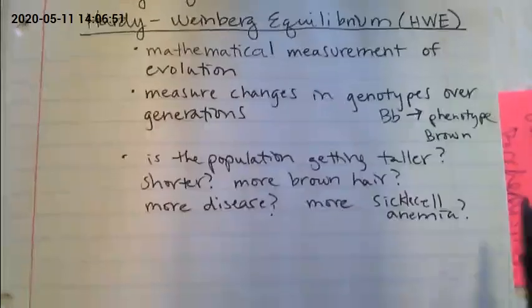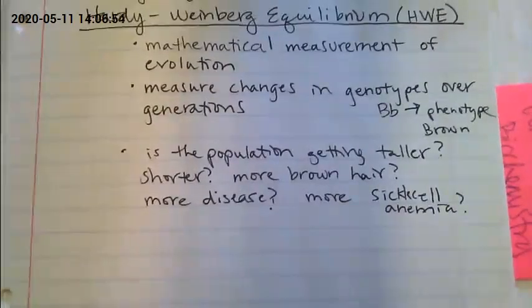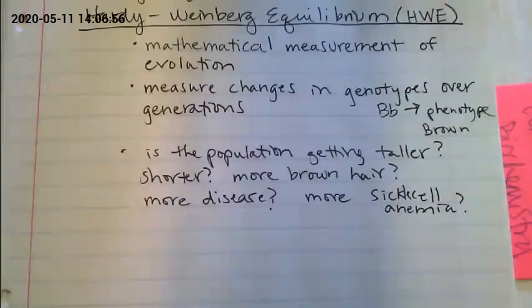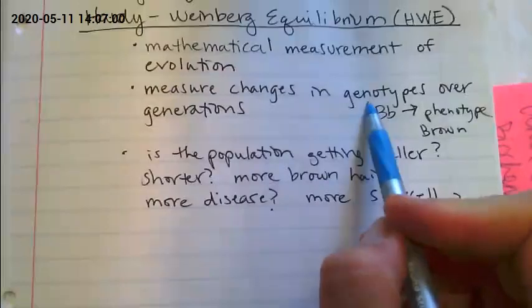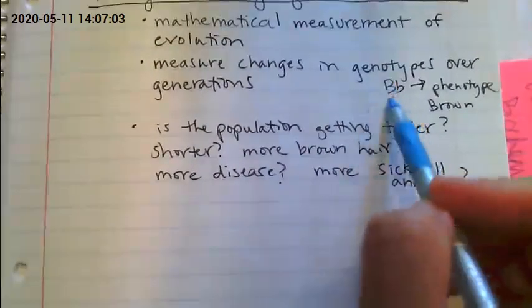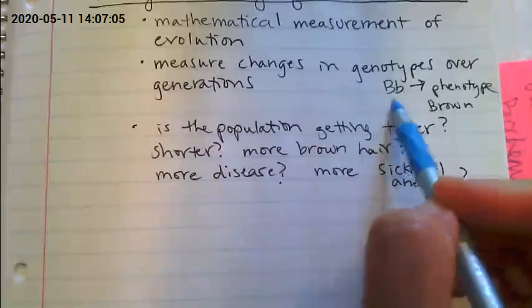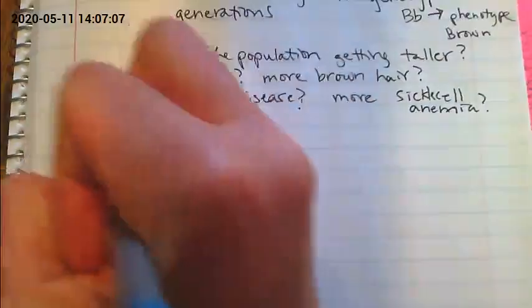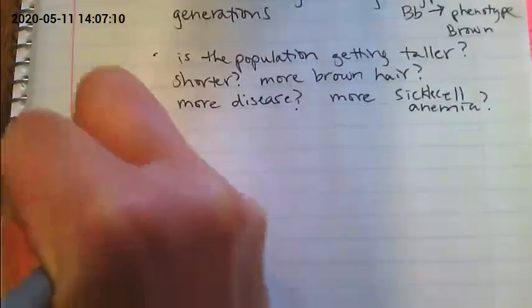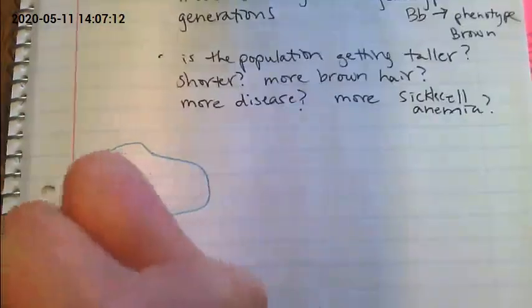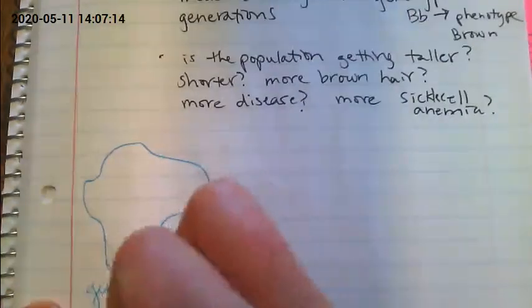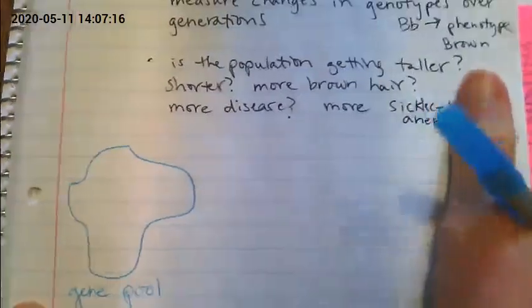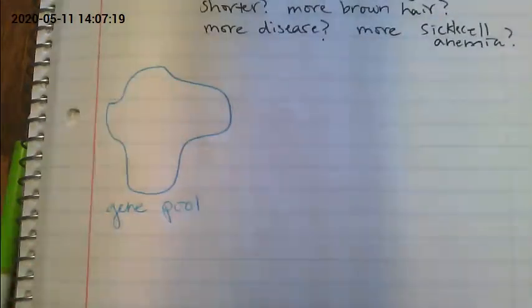Okay, so let's do an example. In addition to measuring changes in genotypes, we can also look at changes in alleles. Remember, that means individual letters inside of a genotype. All right, so this is our gene pool. In our gene pool, we'll call this generation 1.